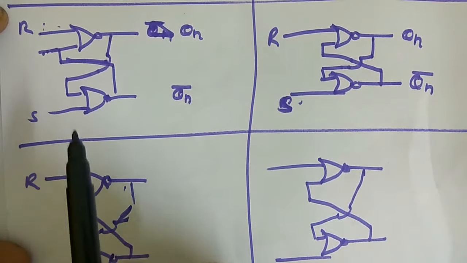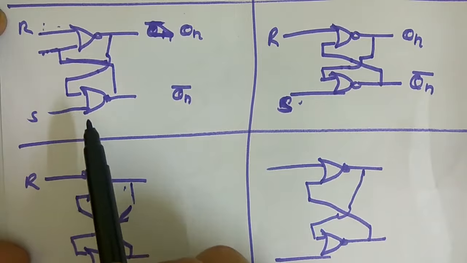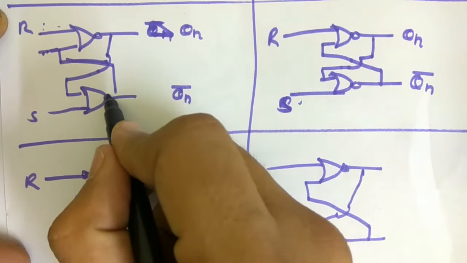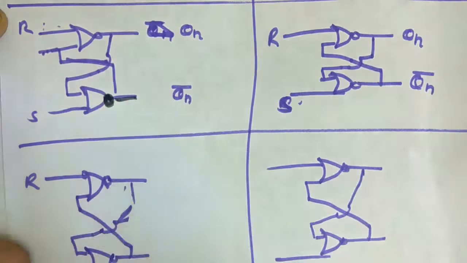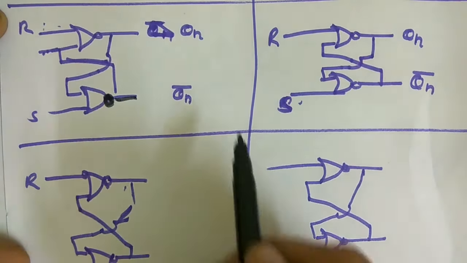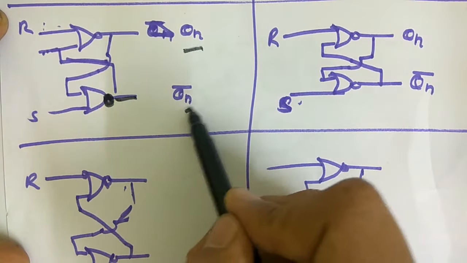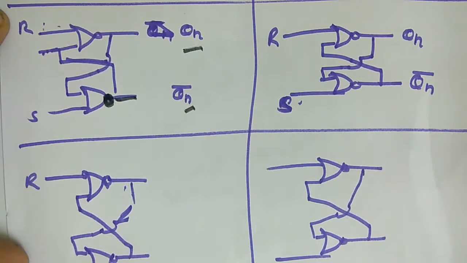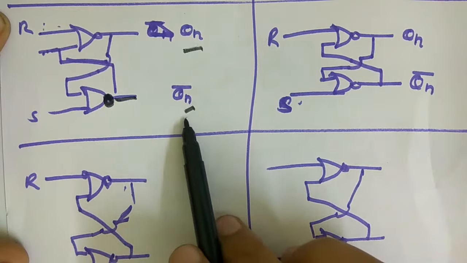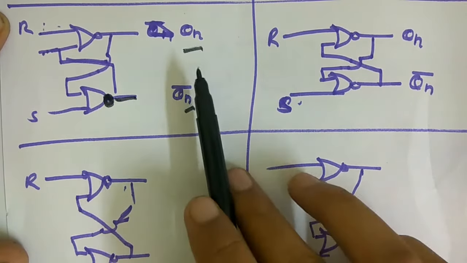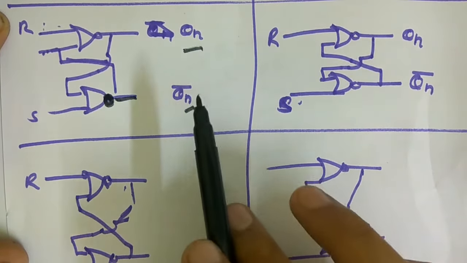So guys, I have made this circuitry of NOR latch, the NOR SR latch. Here, what is this Qn, and what is this Qn bar? In the sequential circuit, we have two outputs, one is Qn and one is Qn bar. Both are complements of each other.